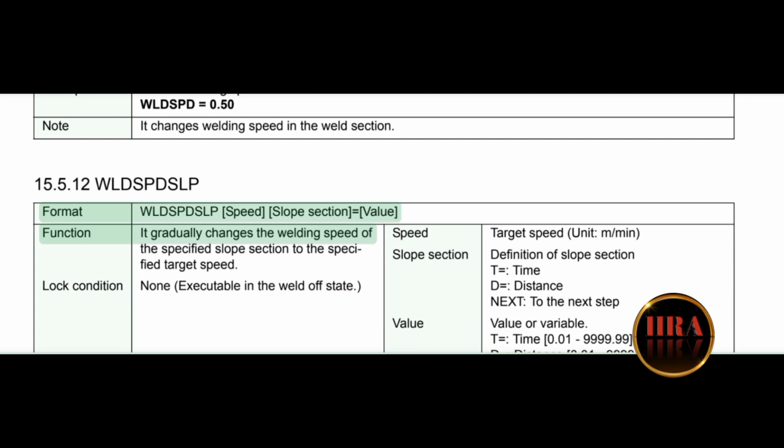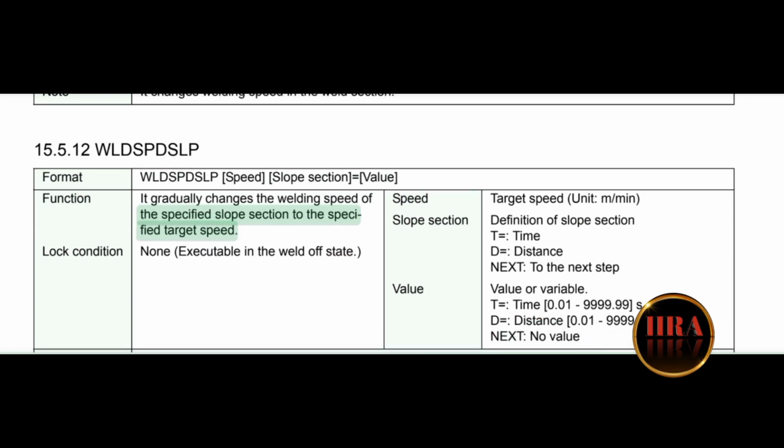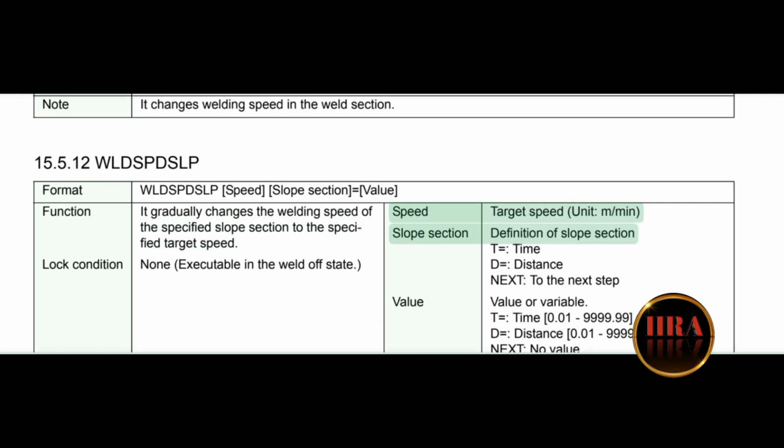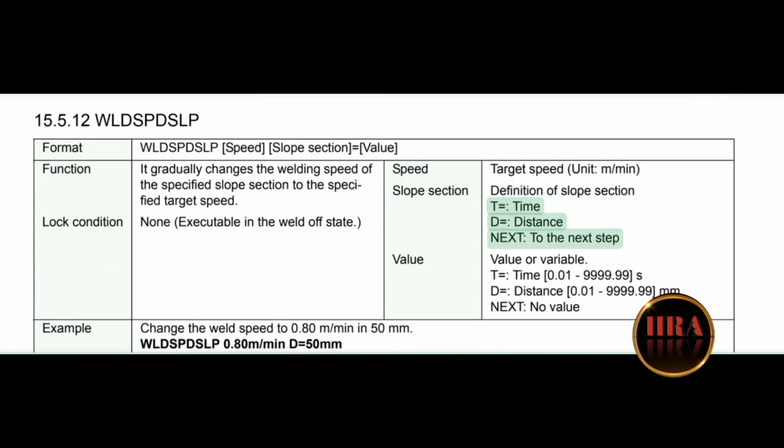Format: WLDSPDSLP speed, slope section equals value. Function: it gradually changes the welding speed of the specified slope section to the specified target speed. Speed: target speed, unit m per minute. Slope section definition: t equals time, d equals distance to the next step. Lock condition: none, executable in the weld-off state.